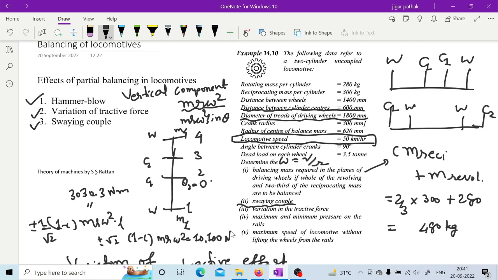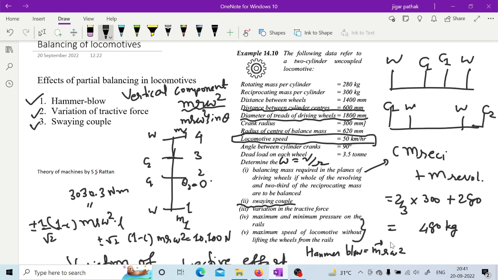So now in case of these two questions, we can elaborate on this. See here, maximum and minimum pressure on the rail can be calculated with the hammer blow. In hammer blow you have m r omega square, but this m is only the balancing mass required for the reciprocating part.